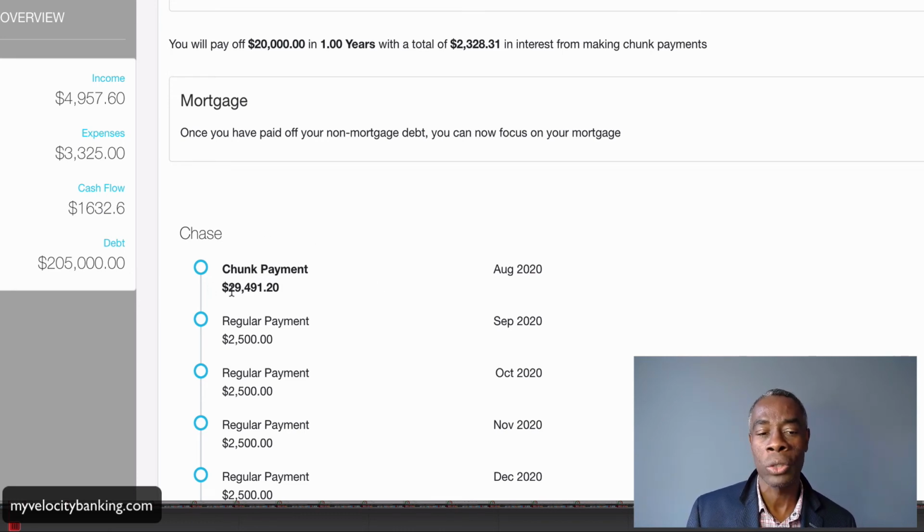The same idea. Now you'll see that their chunk payment is a little bit higher. Why is that? Because now their cash flow has increased, since they've paid off all their debts. They don't have as much debt to pay off each month, so that increases their cash flow, and increased cash flow means they can make a bigger chunk payment. A bigger chunk payment means it's going to take less time to pay off their debt.